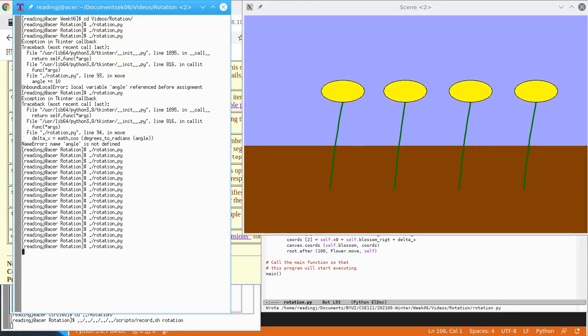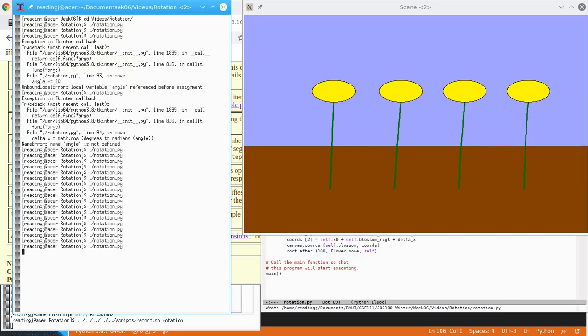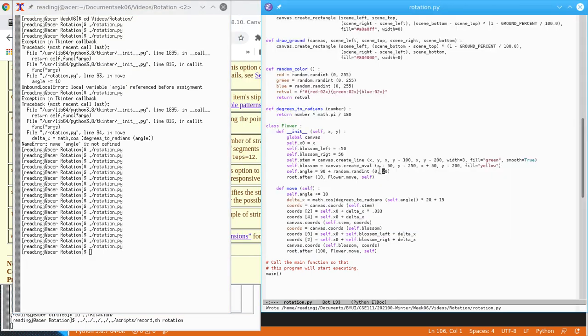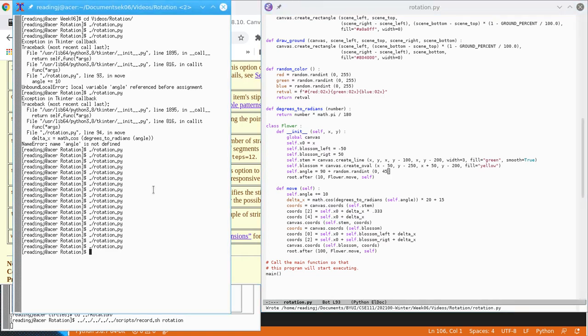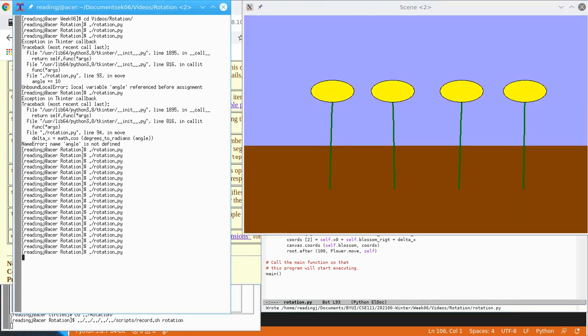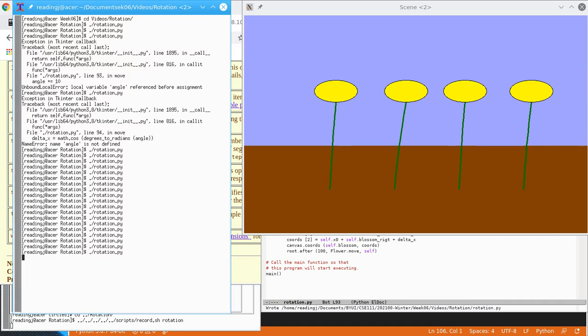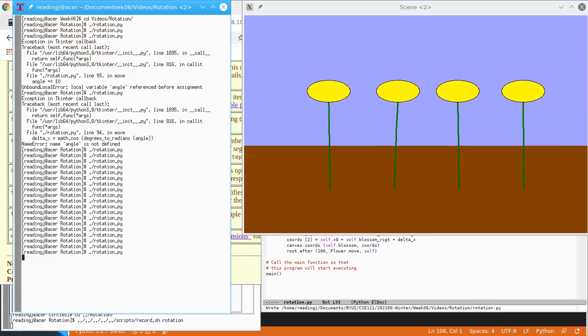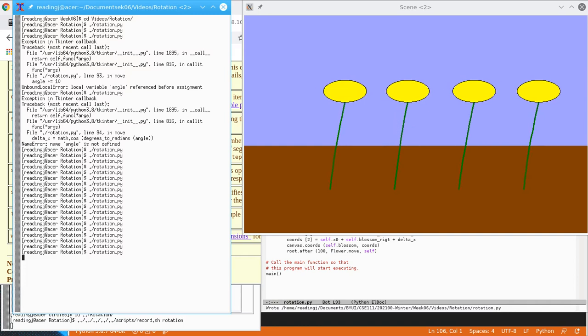Now can you see how they're just slightly out of sync with each other? If you want it to be more than that, you make this 45. So now you can see they're moving just slightly different from each other.